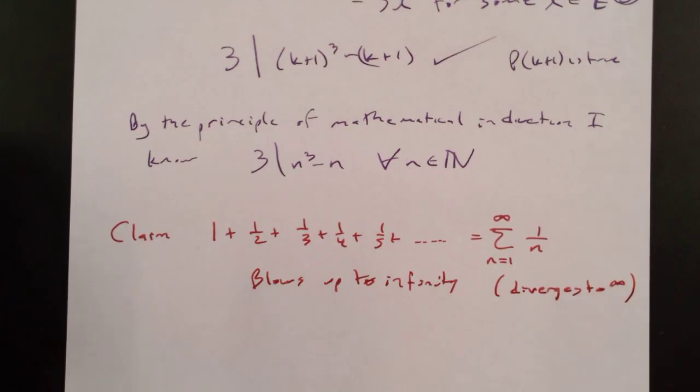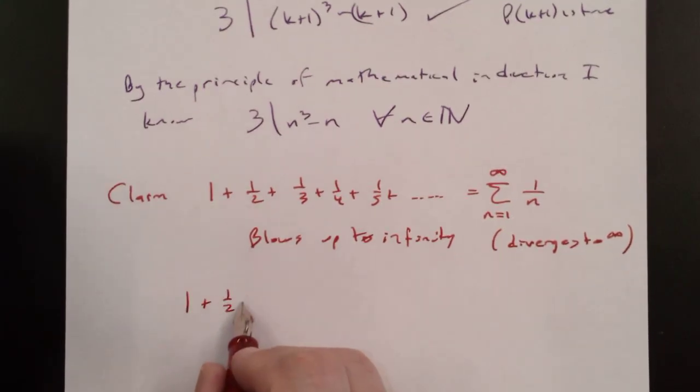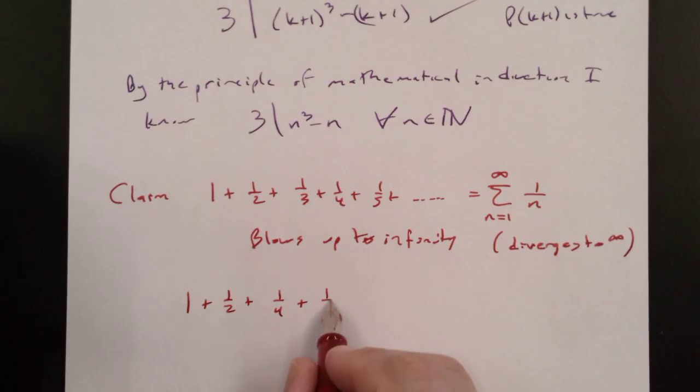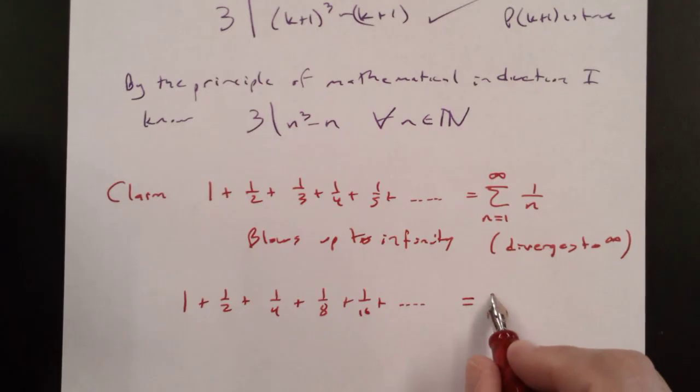On the other hand, start with 1, add a half, a quarter, an eighth, a 16th, the 32nd, the 64th, the 128th, keep going like that in powers of 2. I can write this as an infinite sum as well.